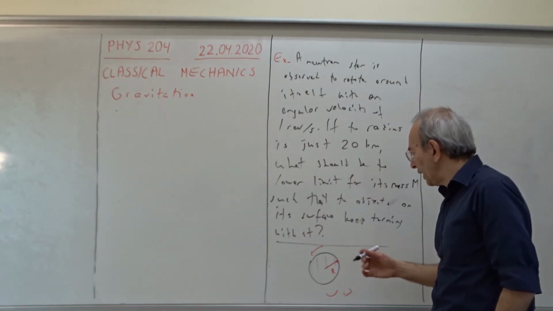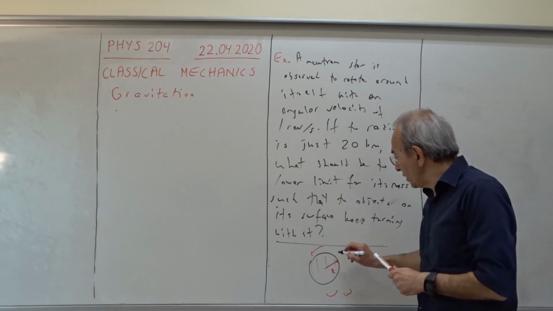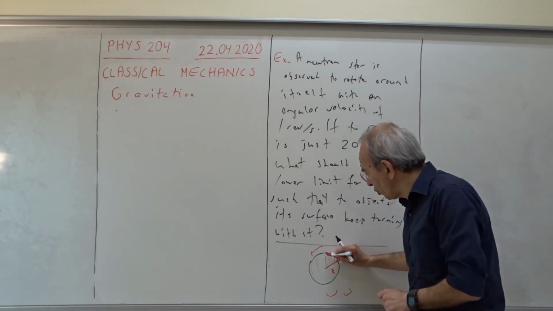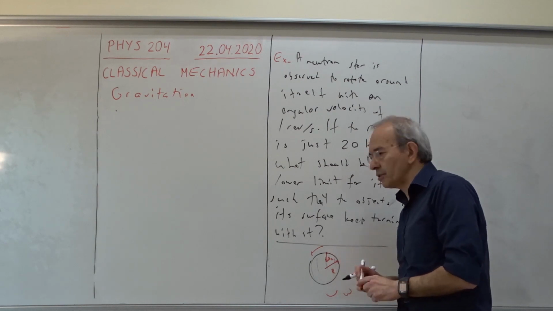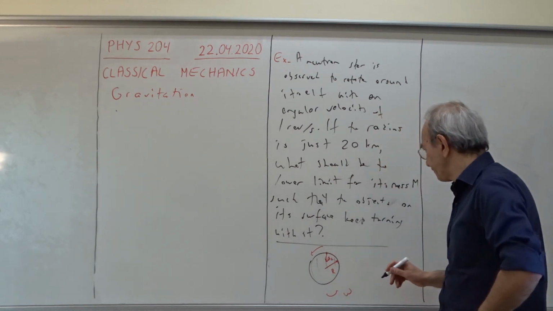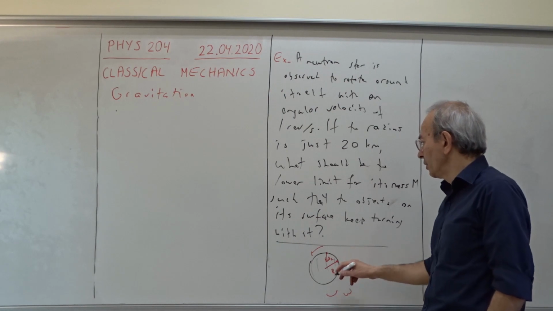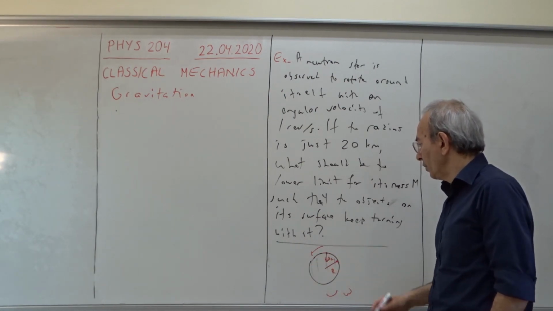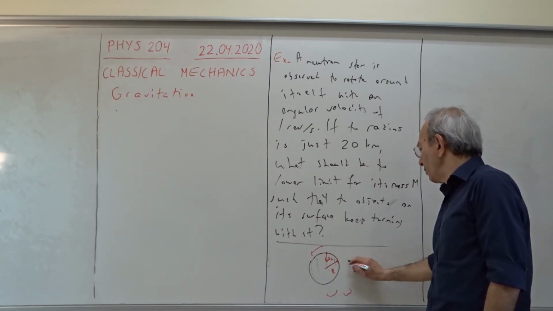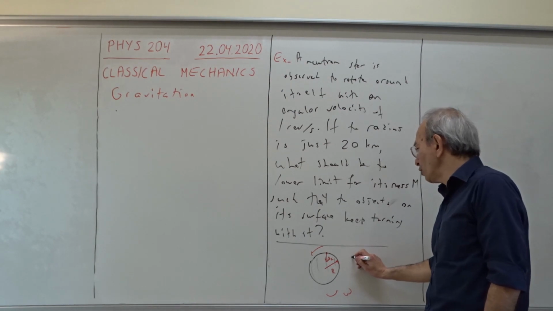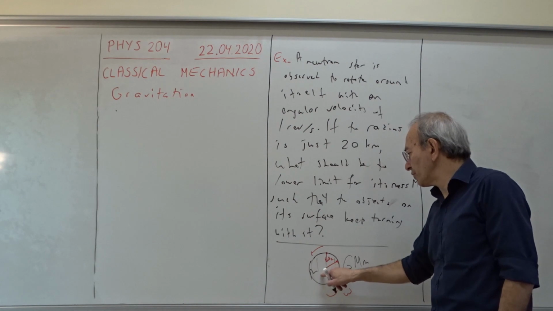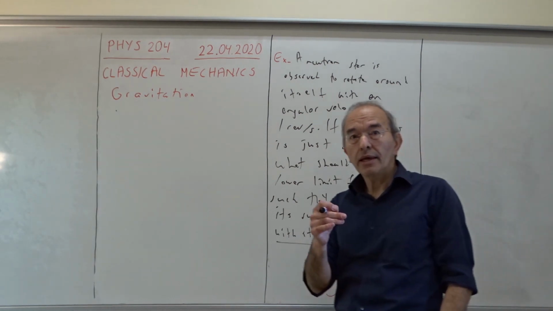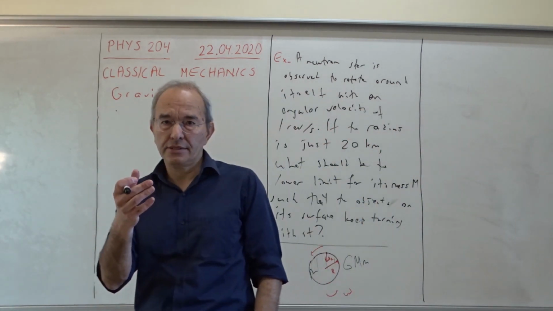So what is the physical idea? If you have a mass here, any object, it should have a centripetal acceleration towards the center. For instance, the gravitational force is G M m over r squared, where capital M is the mass of the star and little m is the mass of the object, whatever that object is.